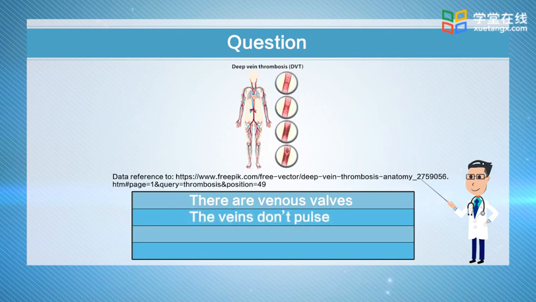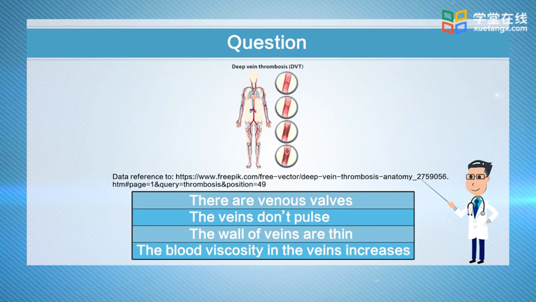Second, veins don't pulsate, and the blood flow can stop temporarily. Third, the wall of the veins is thin and easy to be compressed. Finally, blood viscosity in the vein increases after passing through the capillaries.